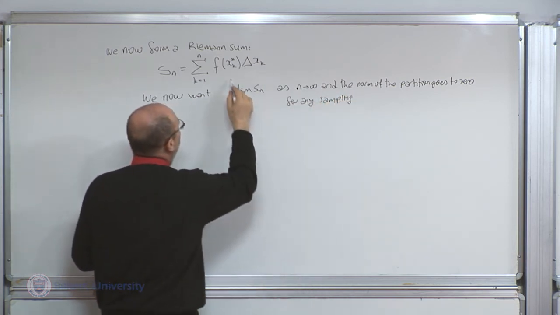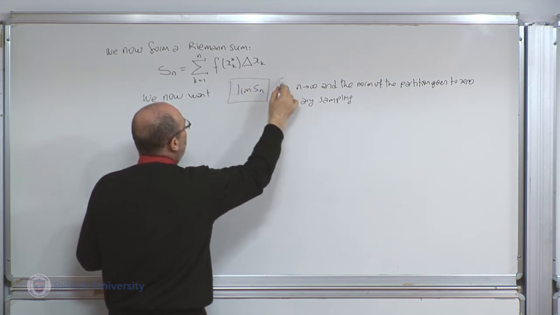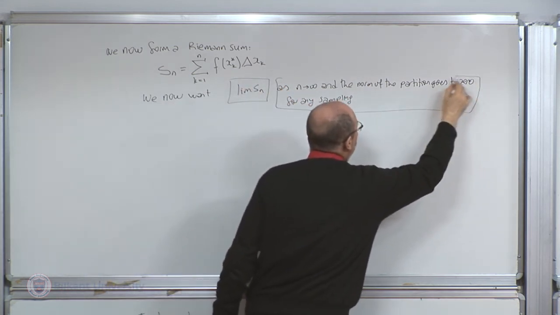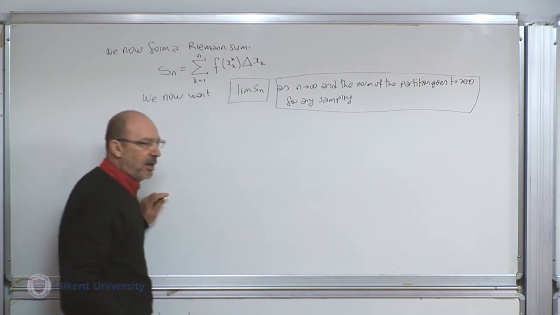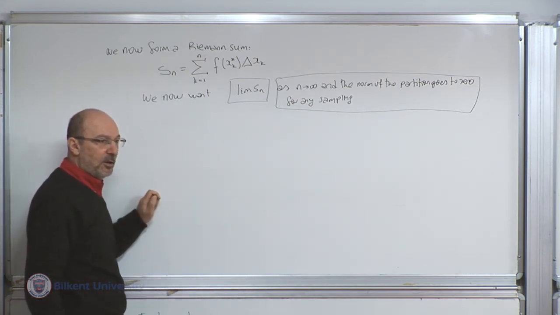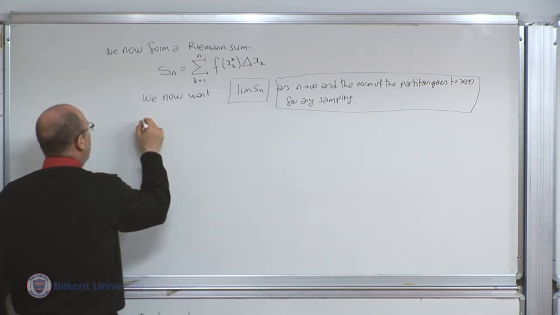Okay, so we summarize these sentences. When we say limit, this is what we understand. So what does it mean? Okay, this means the following.